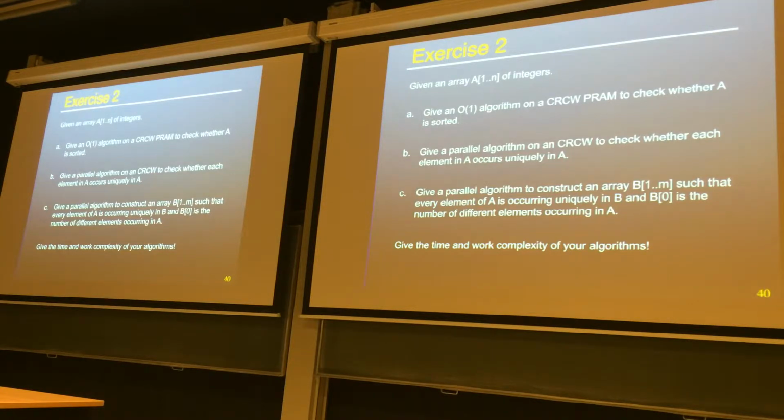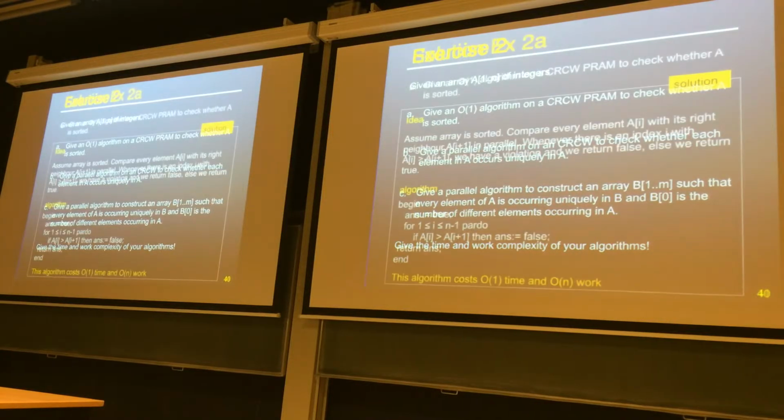And once you find a violation of the sorted property, that means that an element is larger than its right neighbor, then your assumption is violated. So you set the variable to false. That's the only thing you have to do in that loop.